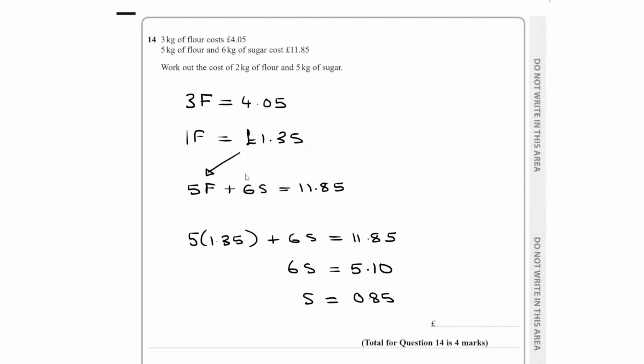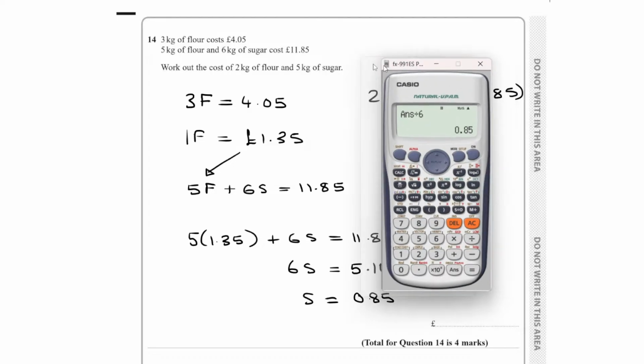So the last thing I need to do, I now know what effectively 1 kilo of sugar is, 1 kilo of flour is. I want 2 kilos of flour and 5 sugar. So 2 times 1.35 plus 5 times 85p, isn't it? And then that would be my answer.